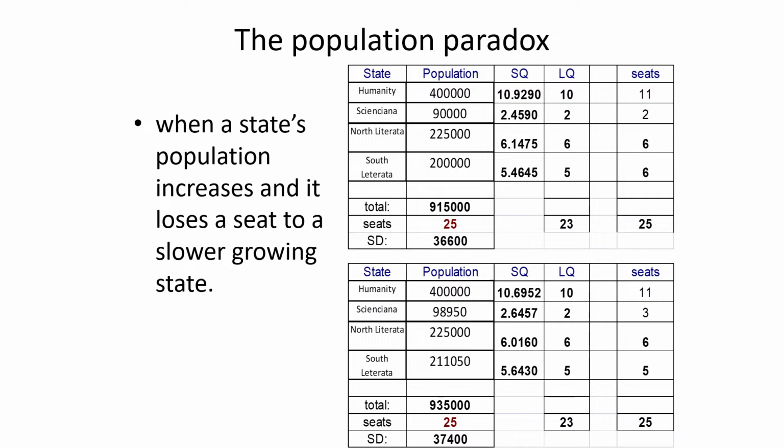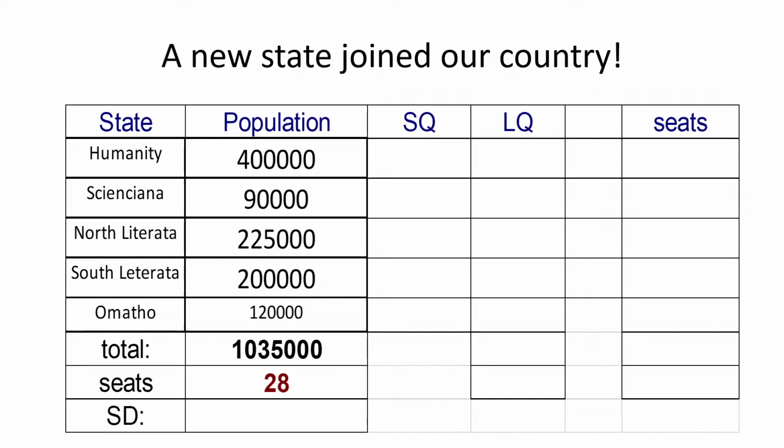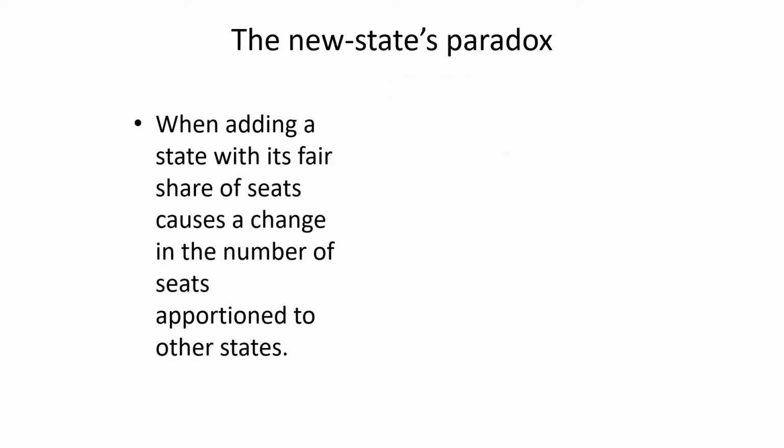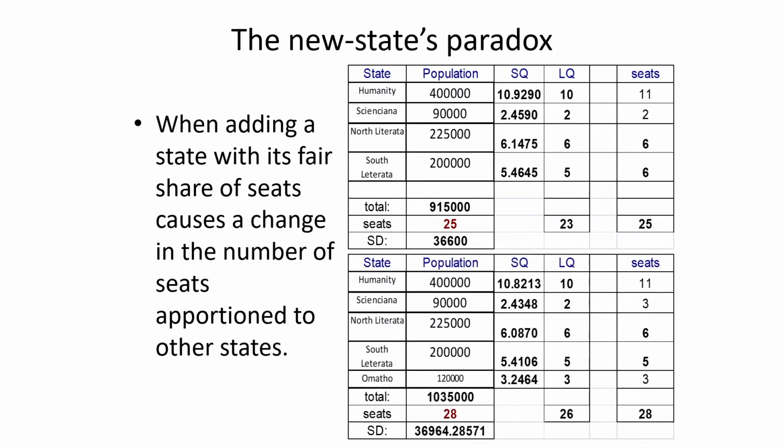Yeah, there was a seat that switched from one to the other. Here's the final apportionment. So instead of South Laterata getting the extra seat, it ended up being Scienceana.